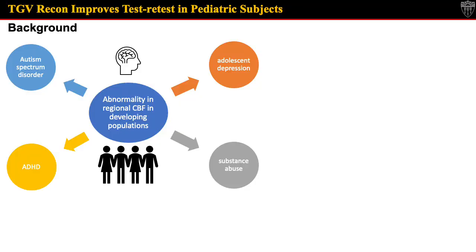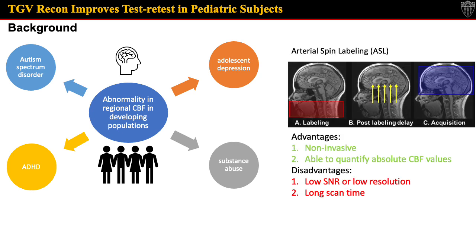Abnormalities in regional CBF in the developing population may lead to developmental disorders, such as autism spectrum disorder, adolescent depression, ADHD, or substance abuse. ASL, or arterial spin labeling, is a useful tool for studying CBF as it's completely non-invasive and is able to quantify absolute CBF values.